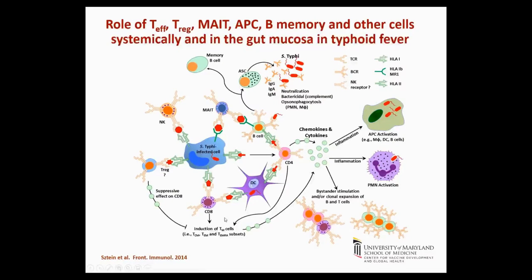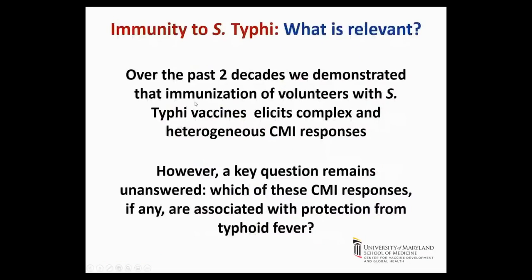And they include T memory cells, B memory cells, antibody secreting cells, that means the humoral arm of the immune response, dendritic cells, and an important role of chemokines and cytokines in both the activation of antigen-presenting cells, macrophages, dendritic cells, as well as polymorphonuclear cell activation, and even bystander stimulation and clonal expansion of B and T cells. However, T regulatory cells remain undefined.